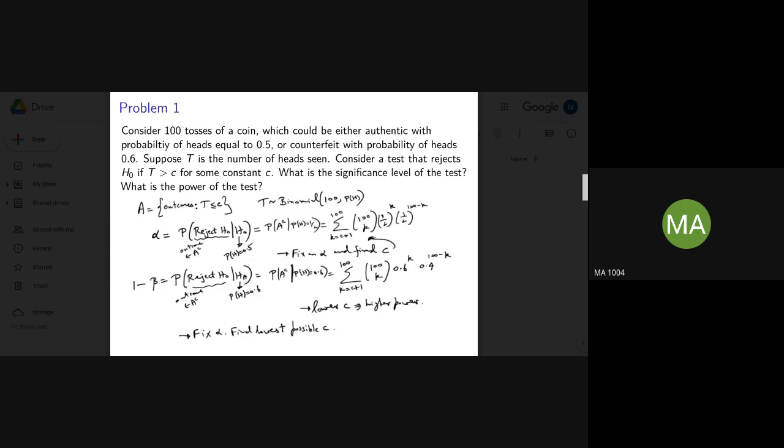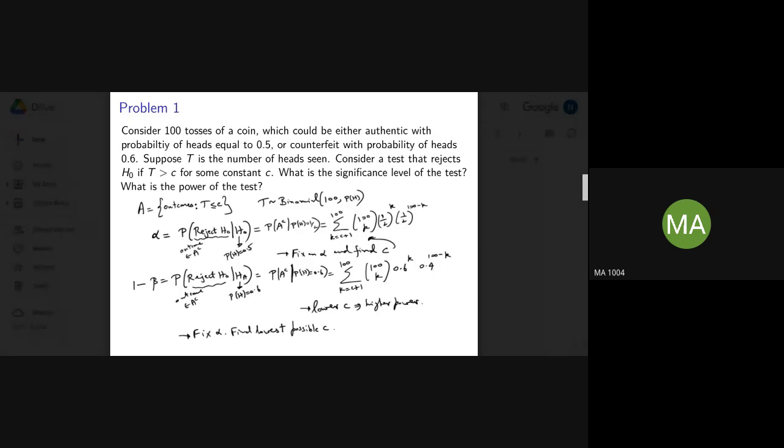As of now, for a given problem, we can find out what the alpha value and the beta value are. These are the things that you should be able to do from week 11 onwards. First, identifying your null and alternative hypothesis.